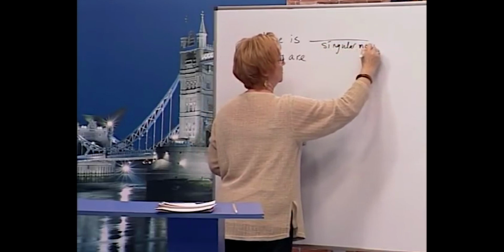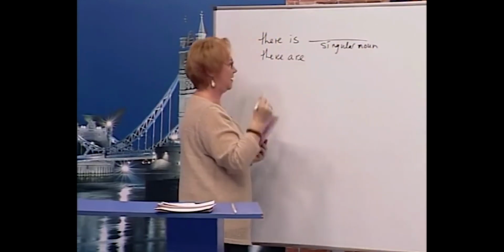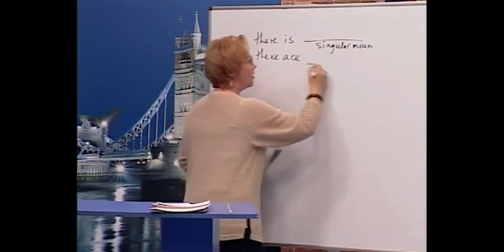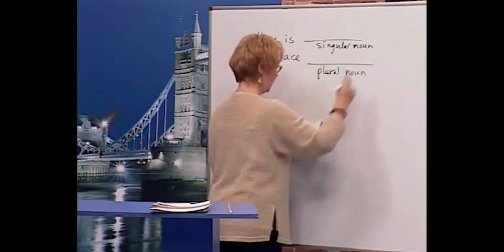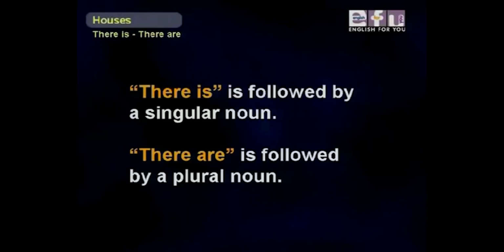One something. There are is followed by a plural noun. So there is is followed by a singular noun. There are is followed by a plural noun.